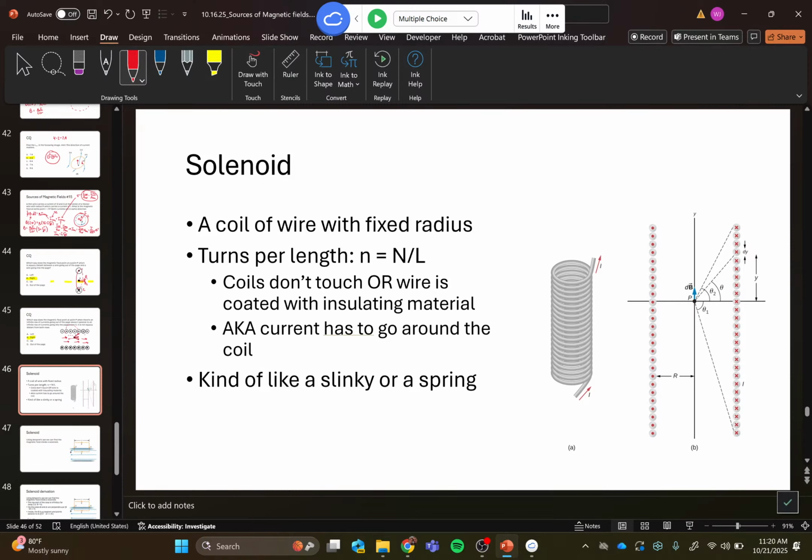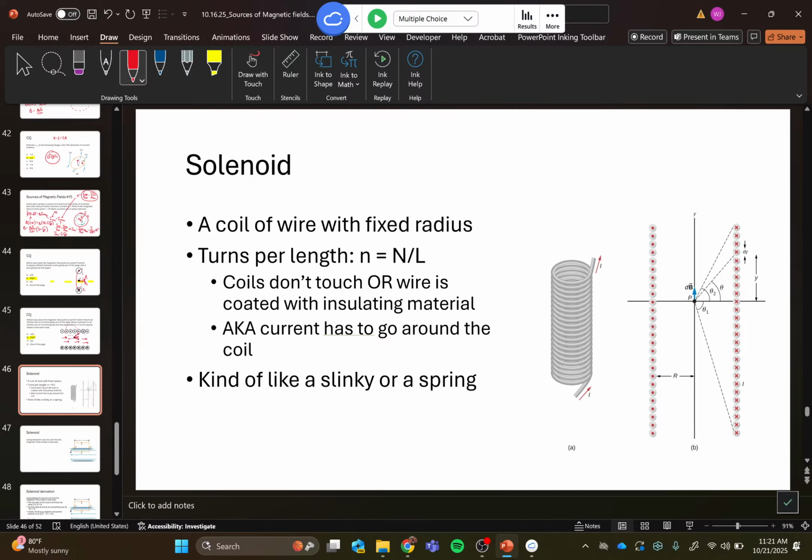All right, so this infinite amount of loops of wire next to each other is a solenoid. It kind of looks like a spring or a slinky or anything like this that wraps. What is very important is that this wire has an insulating material around it. So these are not just bare metal wires. Why is that important? If it was a bare metal wire, why should it go in a circle? It's not going to go in a circle unless it has to.